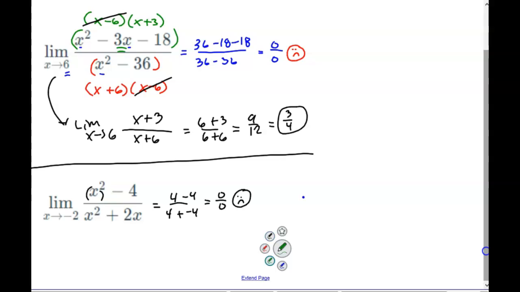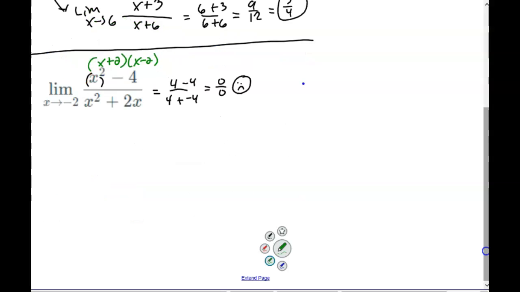So if I factor the top, x plus 2 times x minus 2. If I factor the bottom, this is the one where all I can do is pull out a common x on the bottom. But then we notice we have at least one common factor of x plus 2 on top and on bottom. So that allows me to just think of this limit.